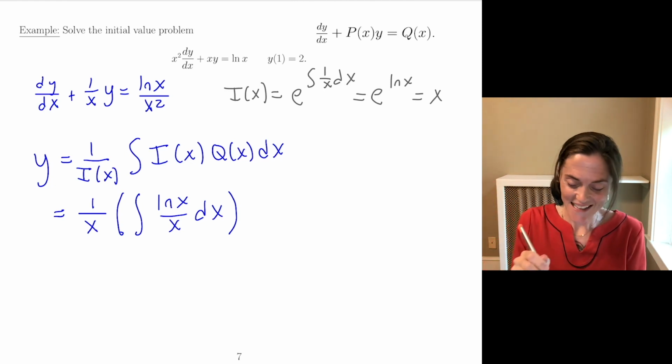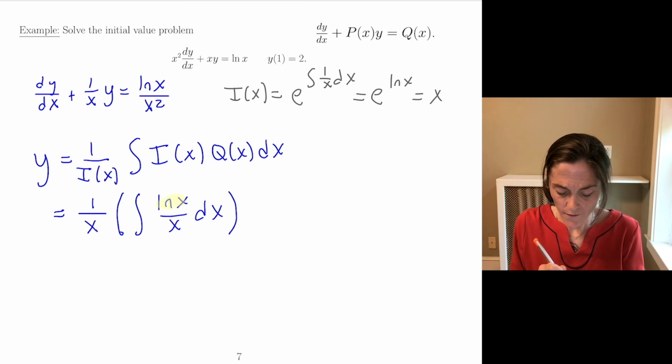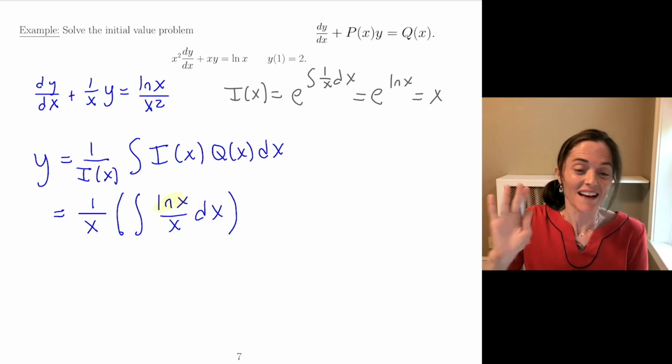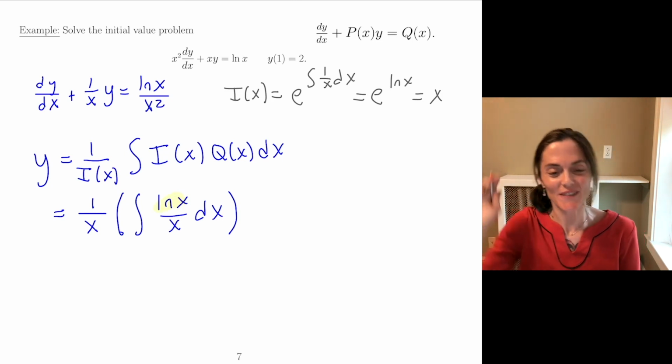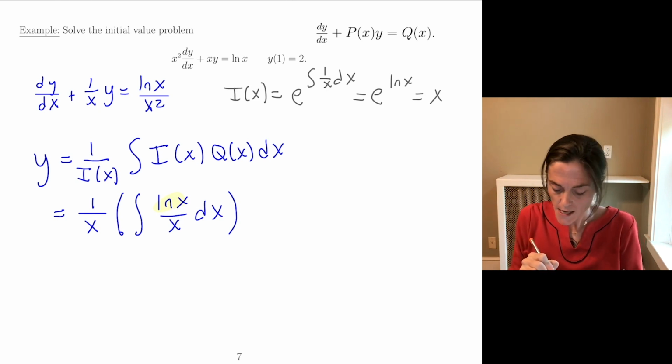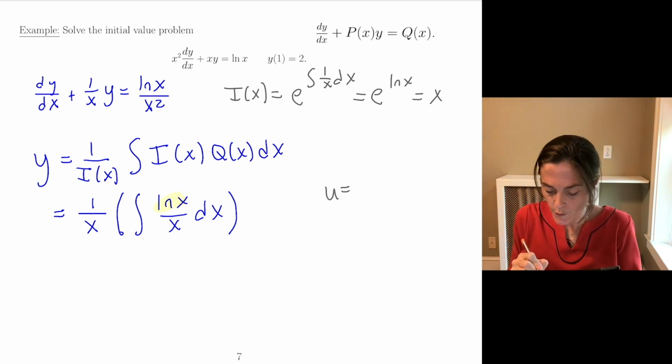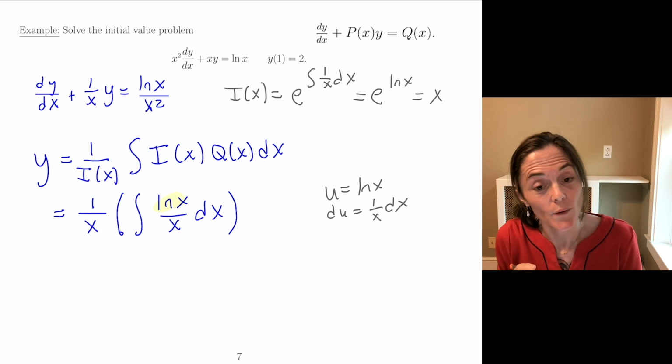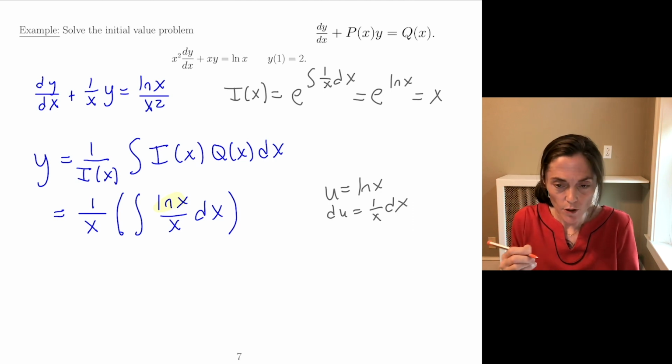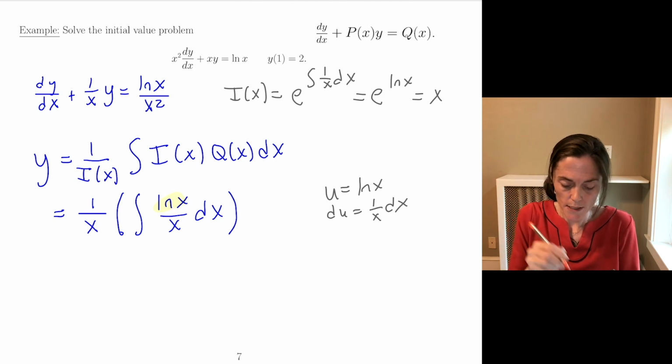Substitution. Because here, I see an inside function. Sort of, I have the natural log and multiple of its derivative in my integrand. So for this integral, u is ln x, du is 1 over x dx. Now I have exactly du in my integral. So my integral becomes, maybe I will do this on the side.